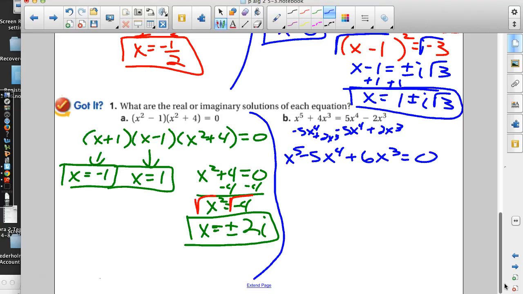Now it doesn't look quite so big and scary. Well, now what? Yeah, take out an x cubed.